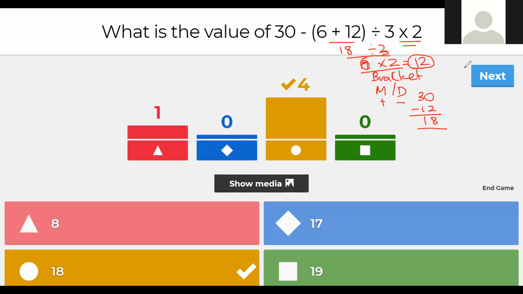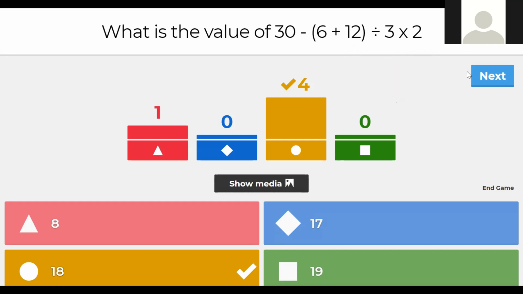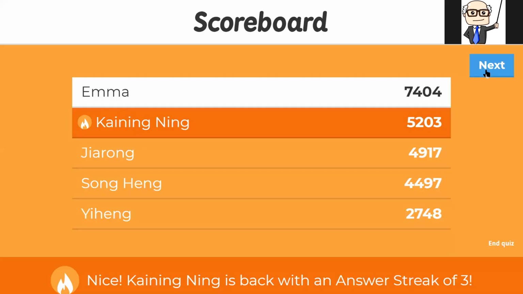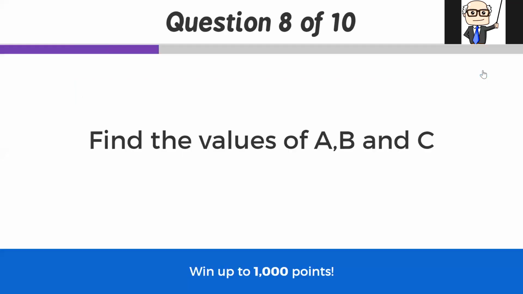Okay, let's finish this off faster. Then I can sleep, right? Or you can sleep. Oh, who's on top now? Emma. Somebody is catching up. Okay, find the values of A, B, C. We've done this before.